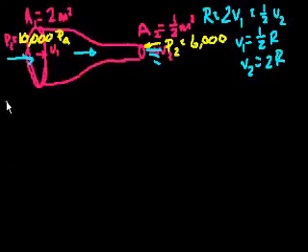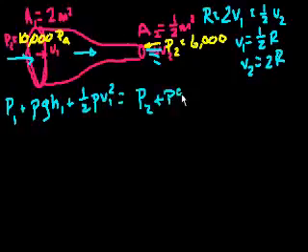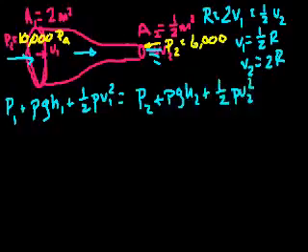Let's just write it down: P1 plus rho g h1 plus 1/2 rho v1 squared is equal to P2 plus rho g h2 plus 1/2 rho v2 squared.